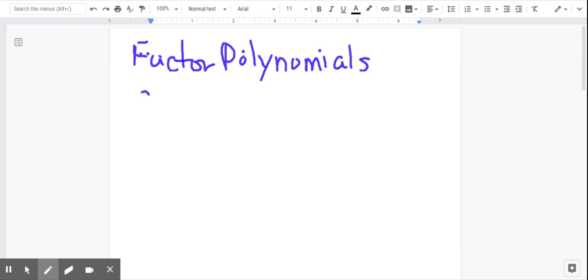So remember, in standard form, a polynomial is ax squared plus bx plus c. So we're going to be factoring polynomials where a equals 1. In order to do this, we're going to use the product sum table.